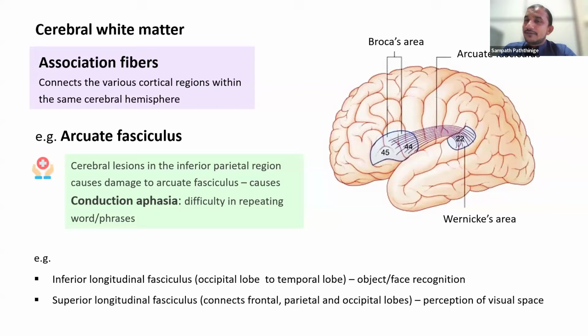So Wernicke's area helps us to understand the question, and then that information will be sent to Broca's area, which will generate the answer, right? And it will be sent to the primary motor cortex, to the laryngeal muscles and tongue muscles, and it will express the real word, right? So that is a typical example of an association fiber.